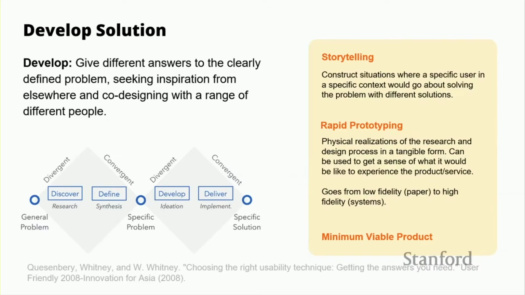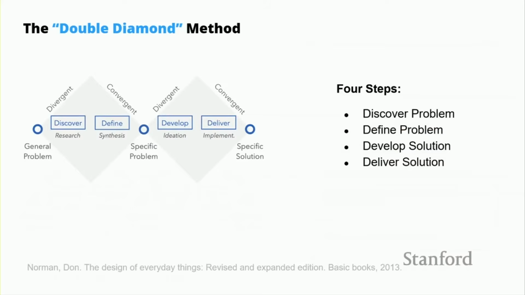So as mentioned, discover the problem, define the problem, develop the solution, and then refine or deliver the solution. It's worth stating that while this is a useful mnemonic, or conceptual framework, for thinking about solving problems, in practice, in many interesting things, both in terms of research but often in terms of products, it's not a one-time process.